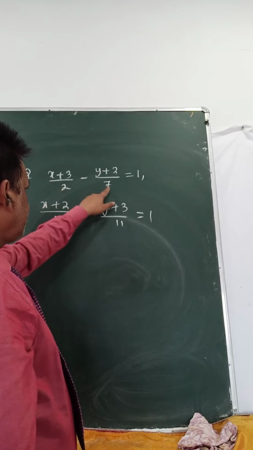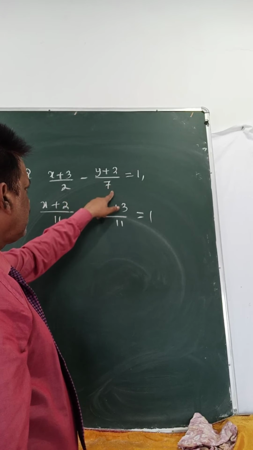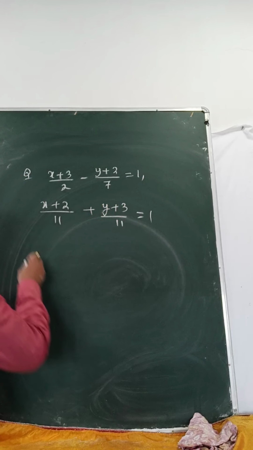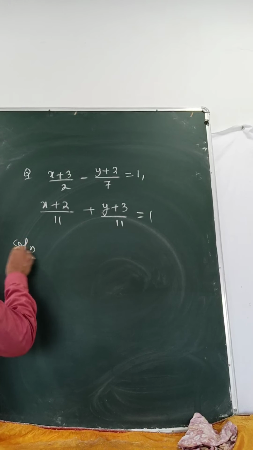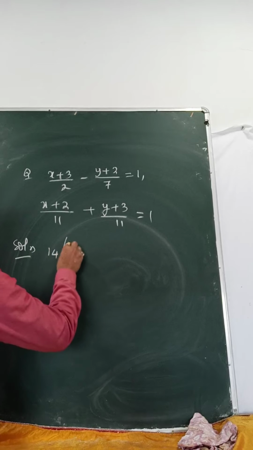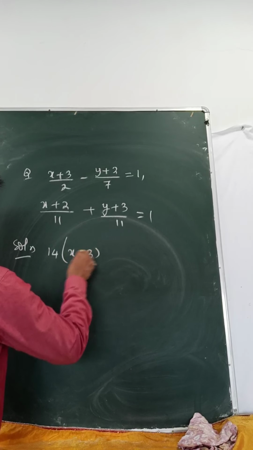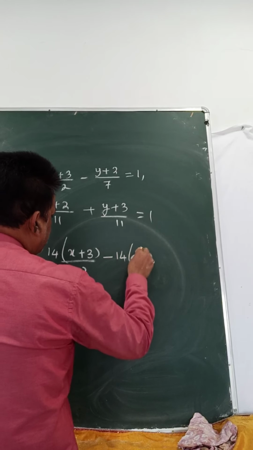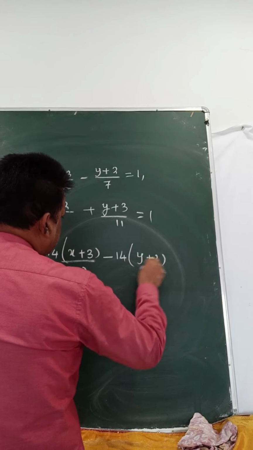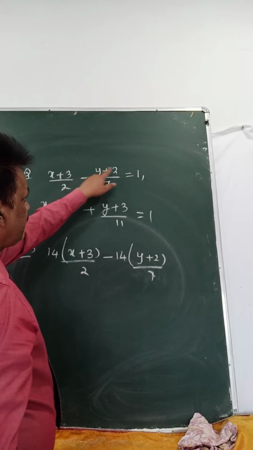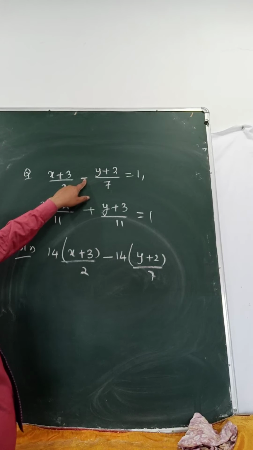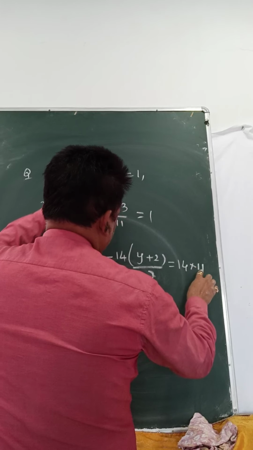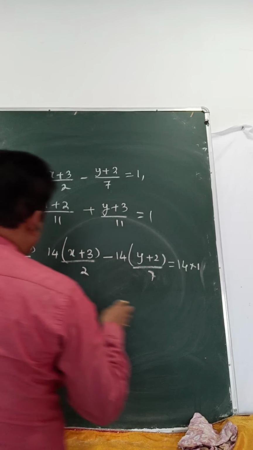So LCM of 2 and 7 is 14. So multiply 14 here, 14 here, 14 here. So you get 14 into (x plus 3), two terms always keep in the bracket, minus 14 into (y plus 2) by 7. Remember this minus is for both because it is written here, equals 14 into 1.